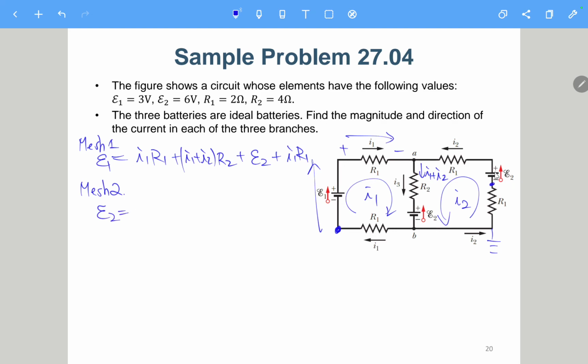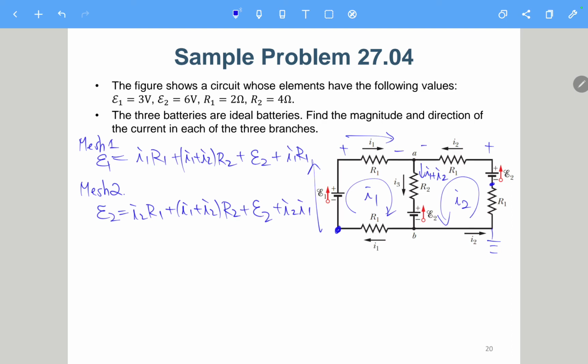Then we go to here, so we have E2 here, and then I1 R1, I2 R1, which correspond to this one. Then go to here, I1 plus I2 times R2, plus I1 plus I2 times R2. This is also going down, so we have a plus E2, and then going back to here, this should be plus I2 R1, plus I2 R1.